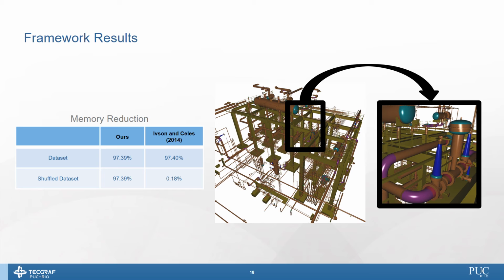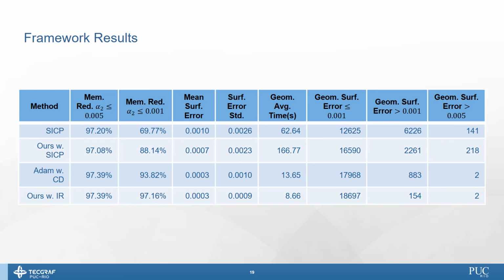After that, we performed a series of experiments using different techniques for optimizing the model. In the first one, we used just the SICP algorithm, and in the second one, we used our loops integrated with the SICP algorithm. In the third one, we used the Adam optimizer with the chamfer distance as cost function without our loops.